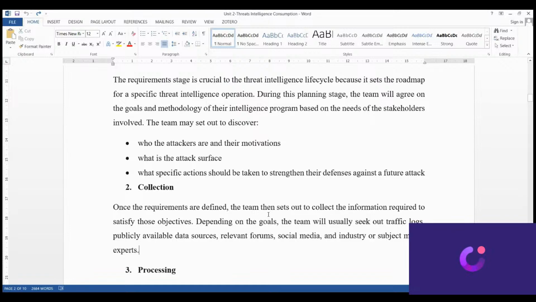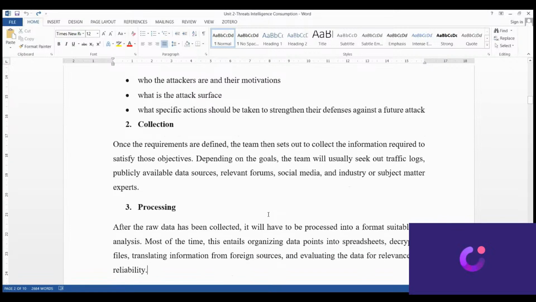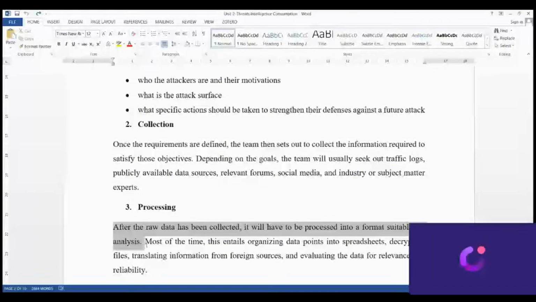Then processing. After the data has been collected, the next thing is to process it. After the raw data has been collected, it will have to be processed into a form suitable for analysis. Remember, we are trying to analyze this data so that we are able to identify the threats to a particular network.